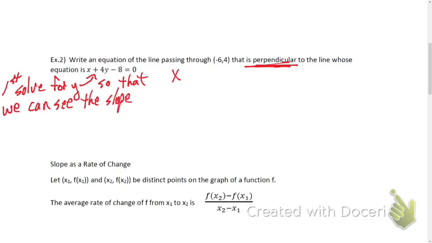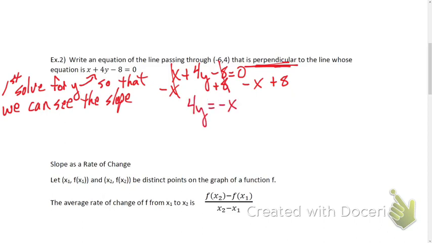So I'll do that right here. I need to get the y all by itself. So that means I need to move that x over, and I need to move that negative 8 over. And then lastly, let's divide by 4.